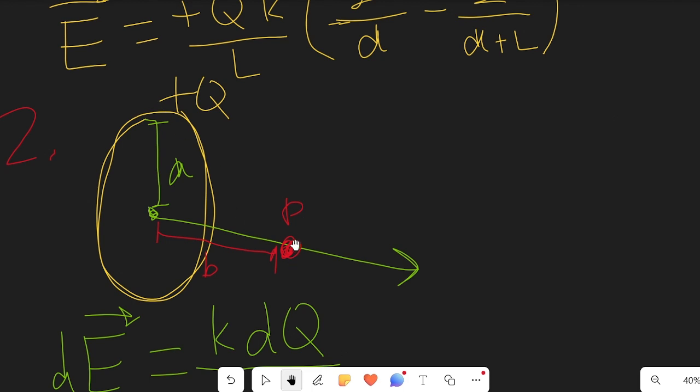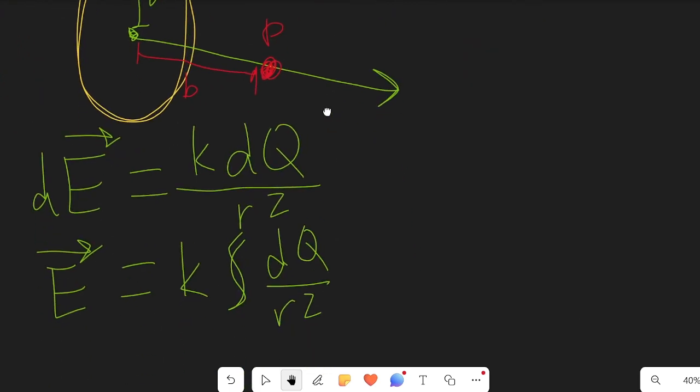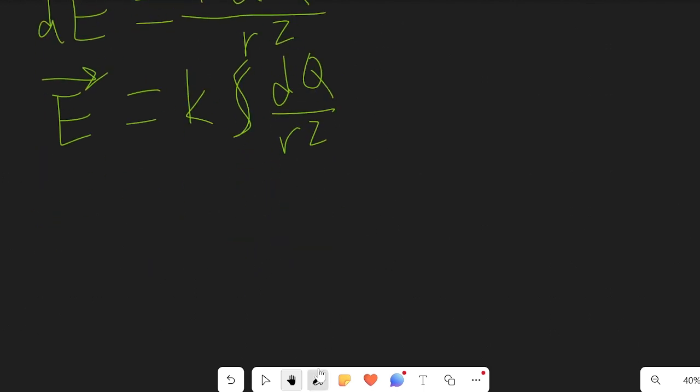But remember, this integral will be based off of the distance r, and the distance r never changes. This is very important. If the distance r never changes, we don't have to find bounds for this integral.